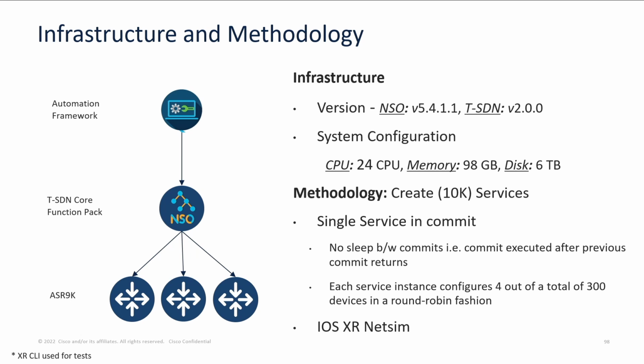The other use case is TSDN, slightly bigger machine, but still reasonable. Running TSDN on iOS XR NetSIMs, it's a setup with 300 NetSIMs, and the services are round robin, so there are four devices in one service, then the next four, then the next four, and then after 75 services, it's back again to the first one.